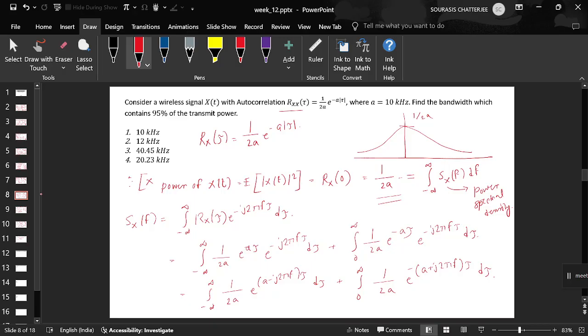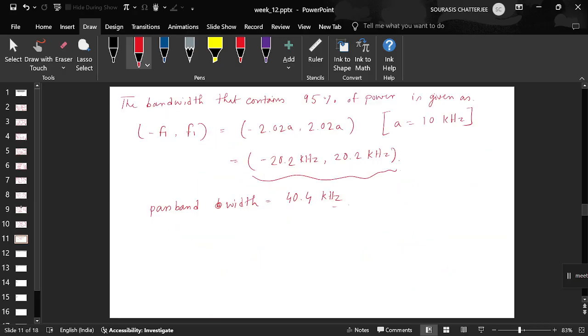Once you obtain it, you integrate over a given spectrum. In questions, most likely it will be given either the total transmit power or 95% or 90% or 50%, whatever that is. You consider a particular spectrum, integrate the power spectral density over that spectrum, equate it with whatever fraction of power is given, and from that you will get that particular frequency. That is going to be your answer. For our case, the answer is 40.4 kilohertz.